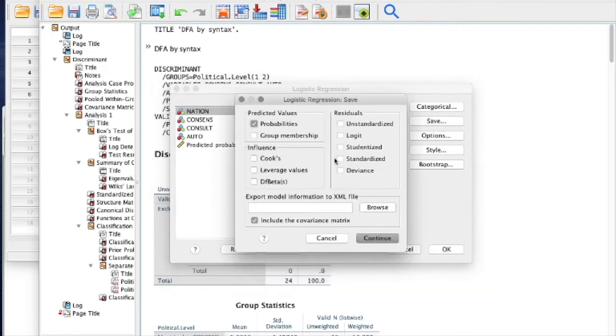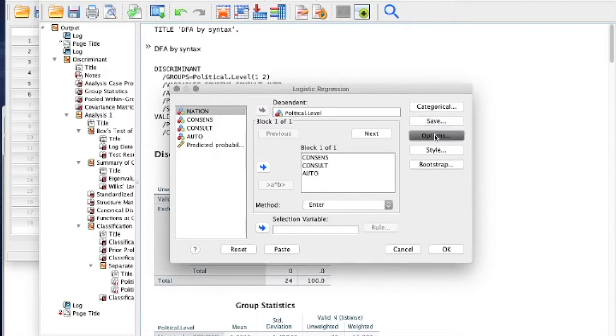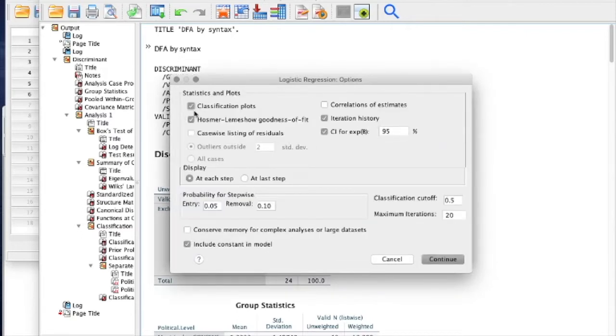Under save, we want to check off probabilities. So we want to save, okay, what are the probabilities for each group? Under options, we want classification plots, the Hosmer-Lemeshow goodness of fit, iteration history, and the confidence intervals.